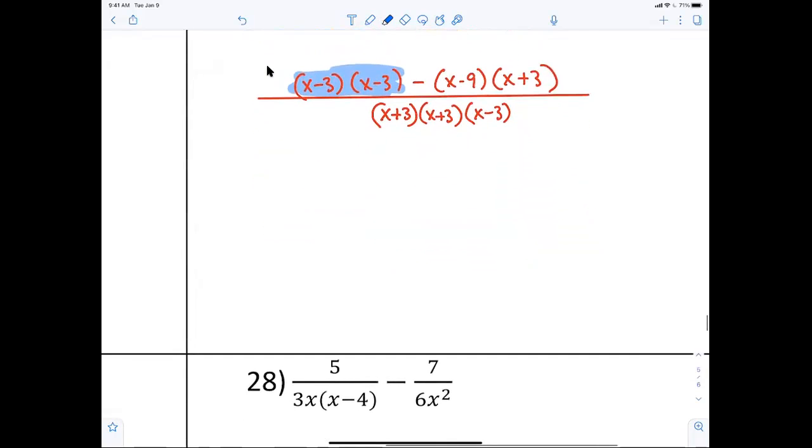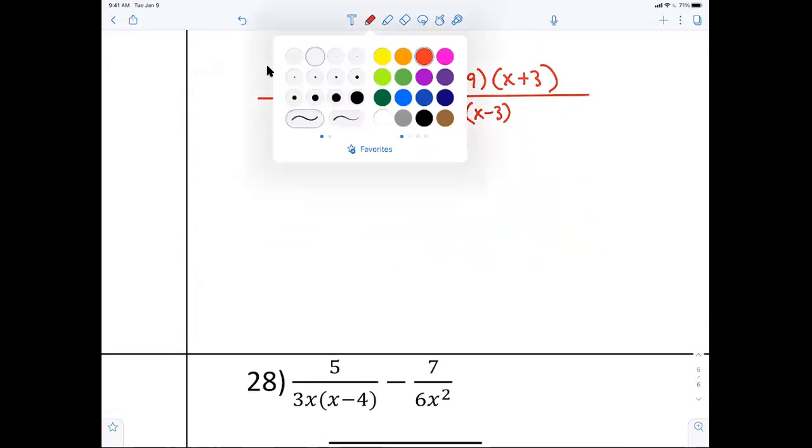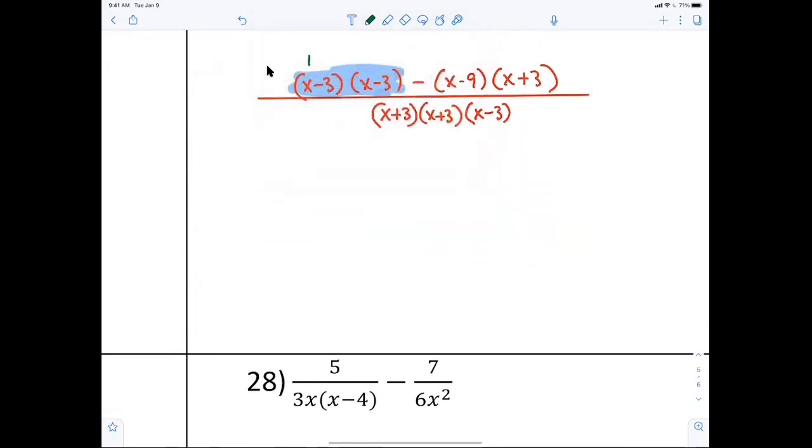All right, so now we're going to multiply that out. So let's look at x times x, x squared. Now, smiley face, how much here? -3, how much here? So altogether, -6x. And then, of course, -3 times -3 is plus 9.